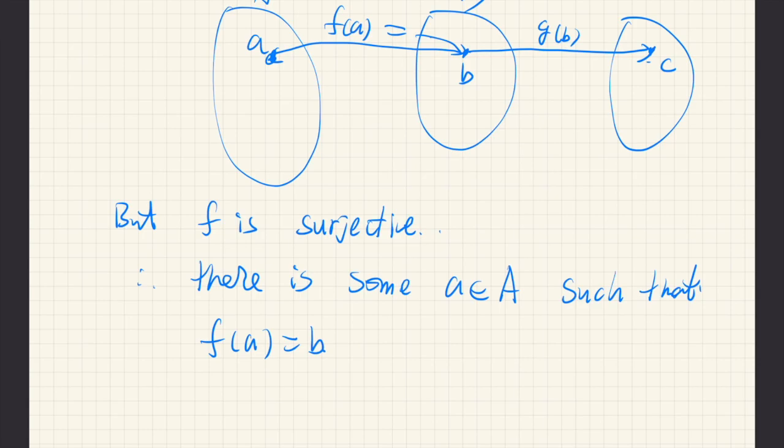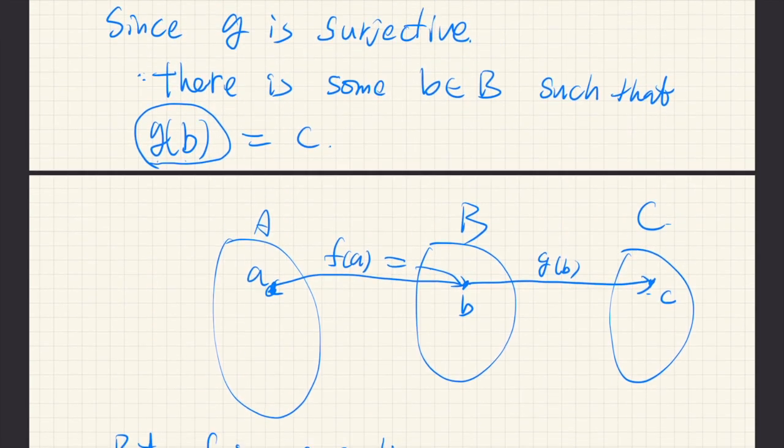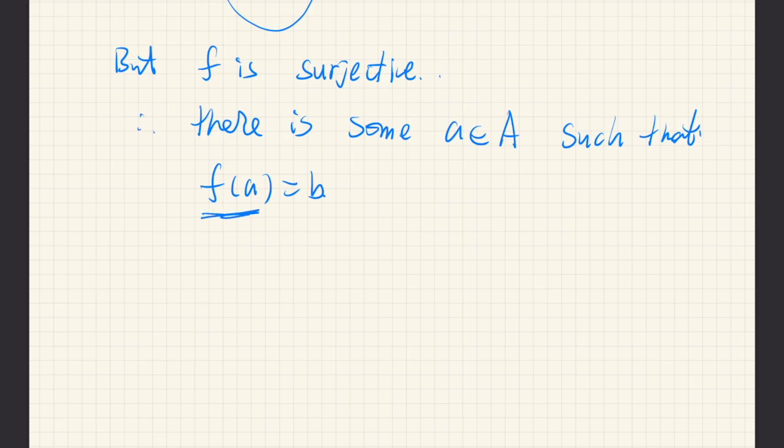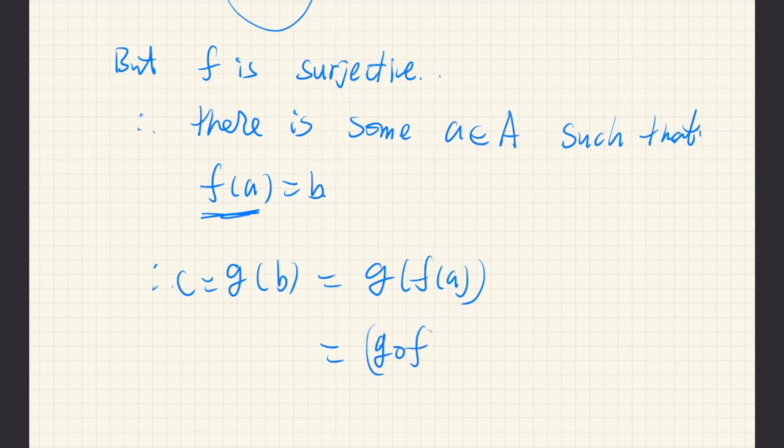Okay, so this b is equal to f of a. Therefore, we have g of b, or equal c, is equal to g of b, which is equal to g of f of a, but that is equal to g after f of a.